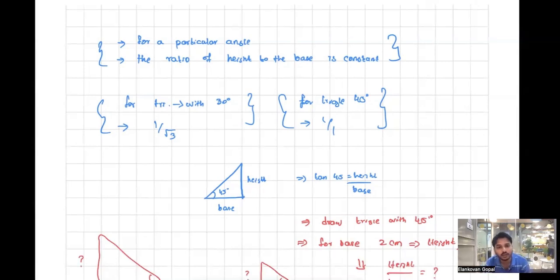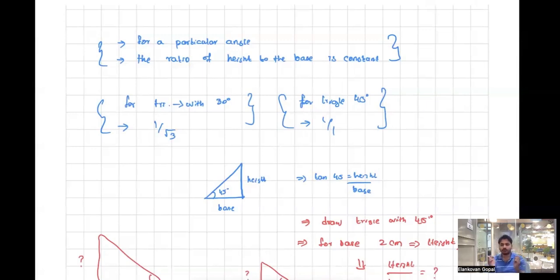It's like you found this on your own, you discovered that height to base for two right angle triangles is always the same. We simply refer to this using the tangent of a particular angle. If this angle changes, what changes is only the constant value between height and base.